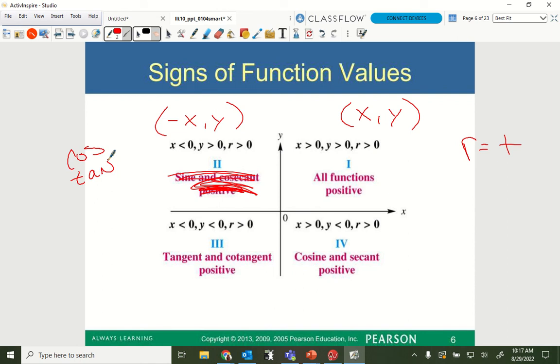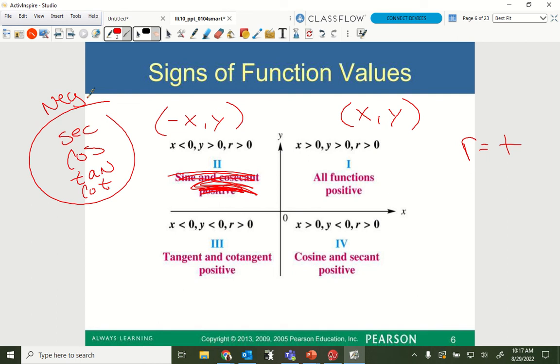You can do the opposite of tangent and secant. All those will be negative. Does that make sense? Because there's one negative in those ones. But what happens if I get 2 negatives? It'll become positive, right?